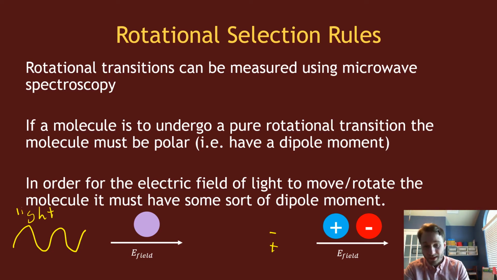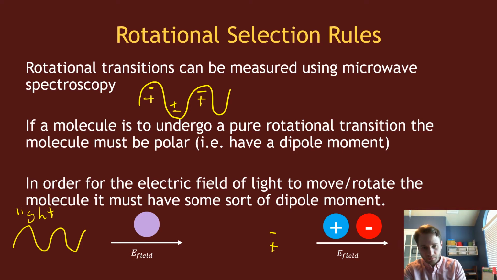Now, if this is an electric field that's created because of light, again, light is an oscillating electromagnetic field. So this oscillating electric field will then introduce an oscillation into your molecule. As your electric field goes up and down, your molecule at this point is going to be negative, positive, then at this point it's going to be positive, negative, and then negative, positive, then positive, negative, and so on and so forth.